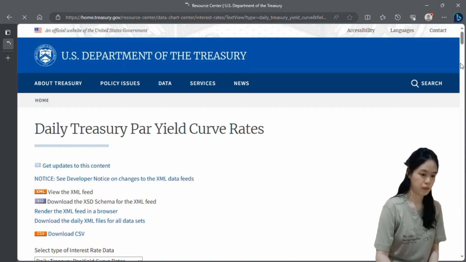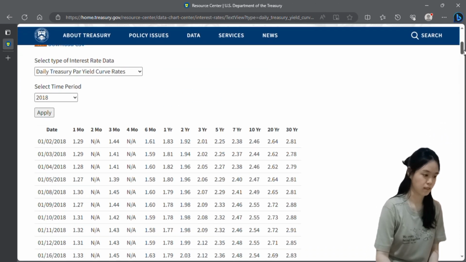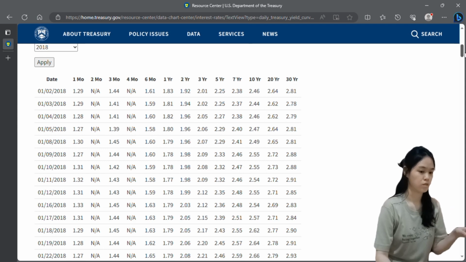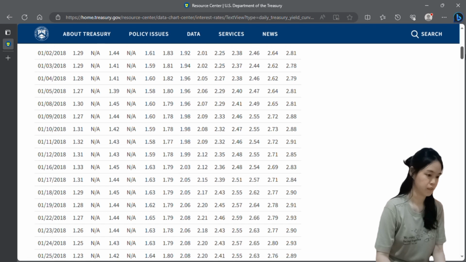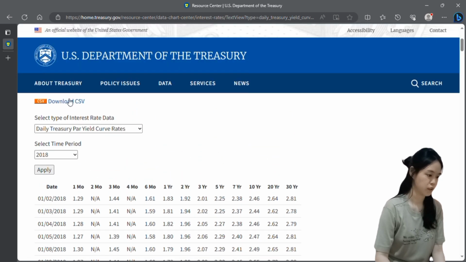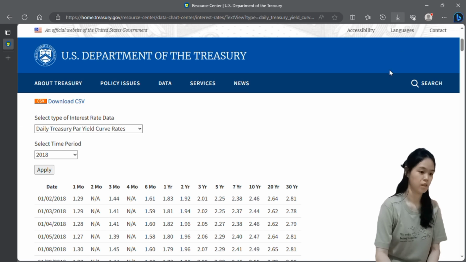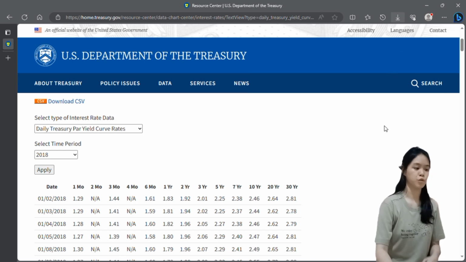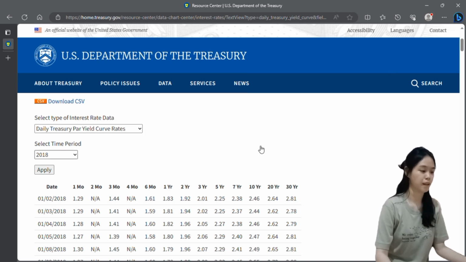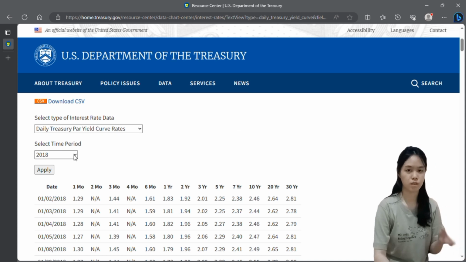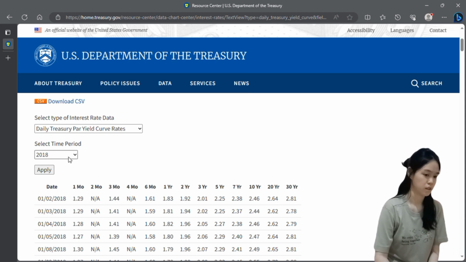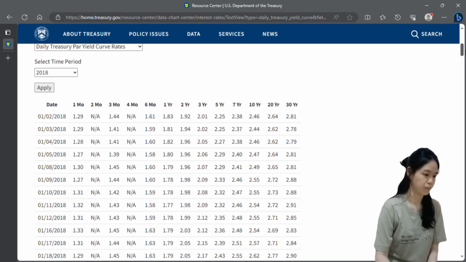Then we will get the data only for 2018, starting from January to the last day of 2018. And then you should click download CSV. And then you would need to repeat that for 2019, 2020, and so on. I've downloaded that beforehand.